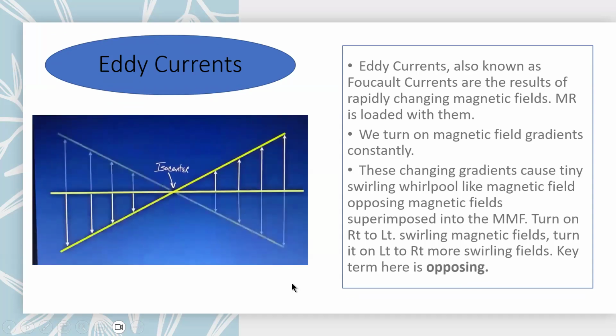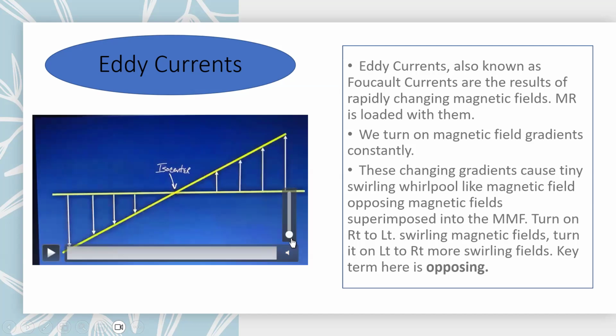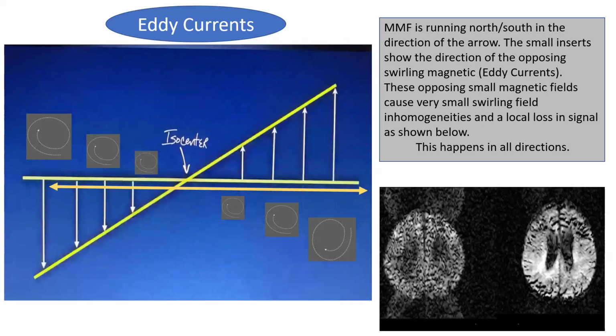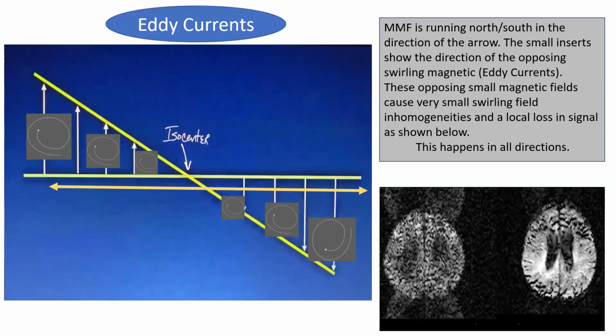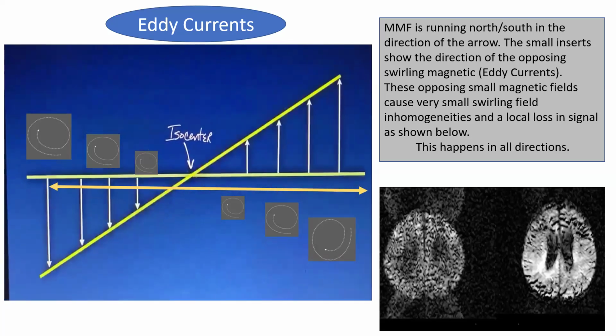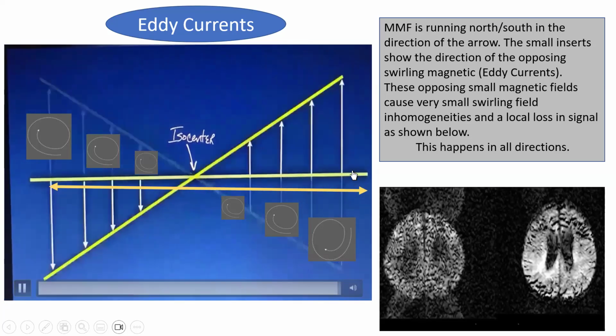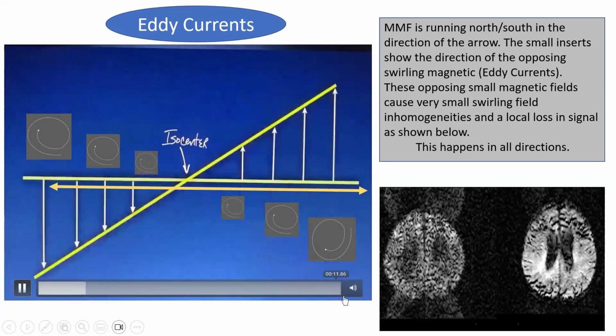We are causing gradients to go back and forth very rapidly, and what happens is you get little magnetic swirlies. Notice how the gradients are going back and forth very quickly.